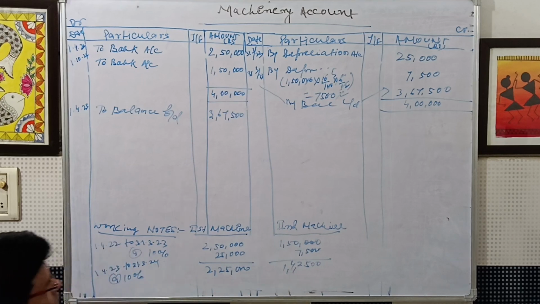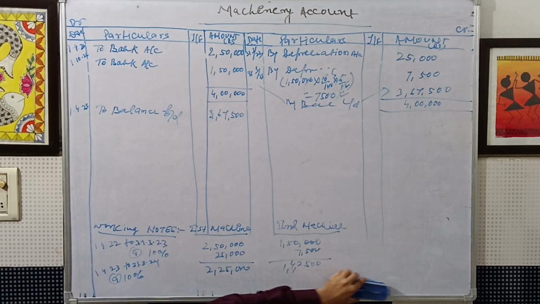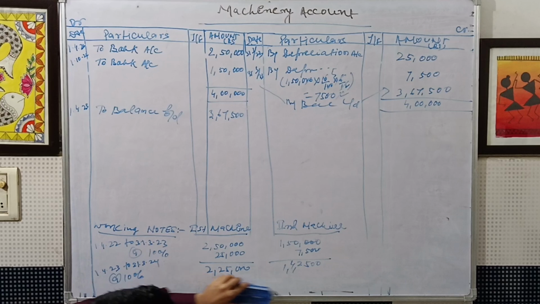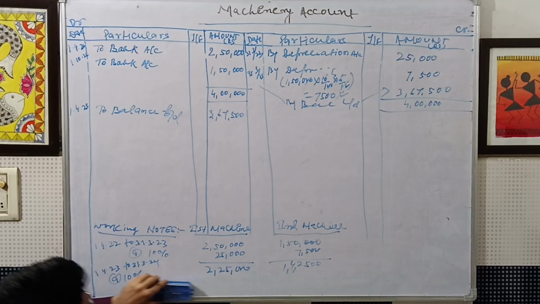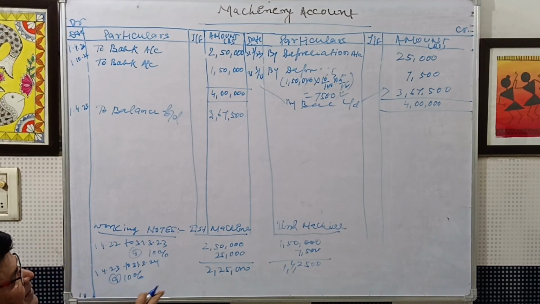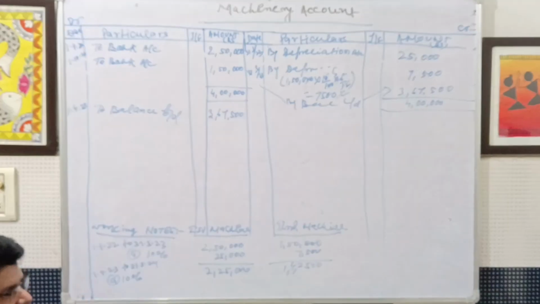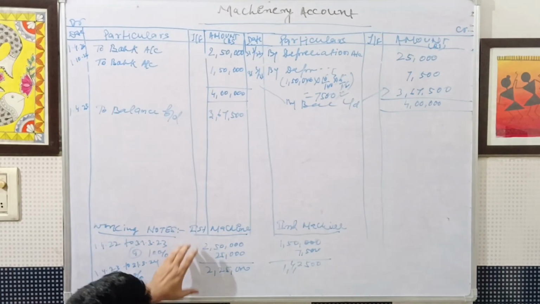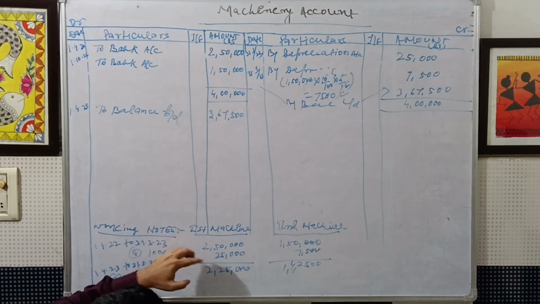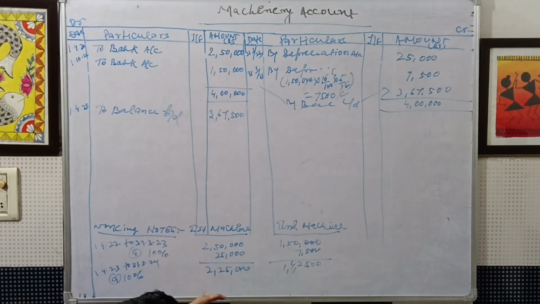What is the difference between the original cost method and the diminishing balance method? In the original cost method, each year depreciation is charged on 2,50,000 and 1,50,000 for the two machines. But in the diminishing balance method, we charge depreciation on the diminishing balance value. So balance value means 2,25,000 and 1,42,500.